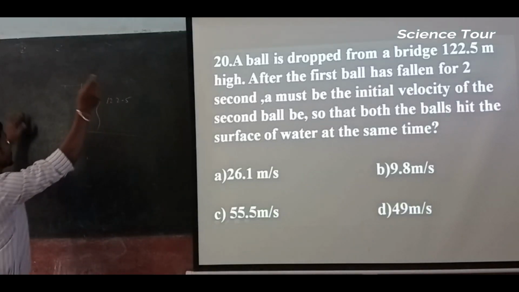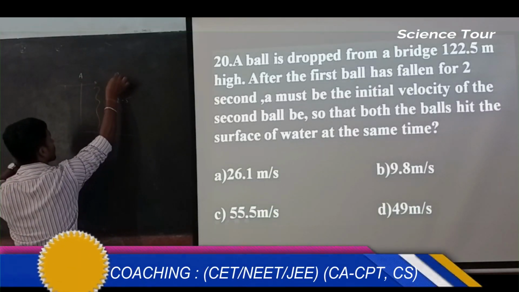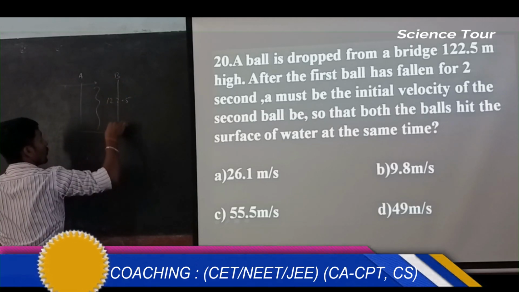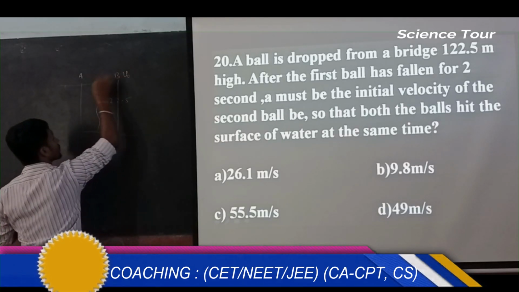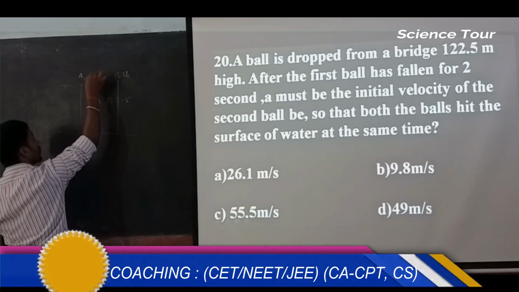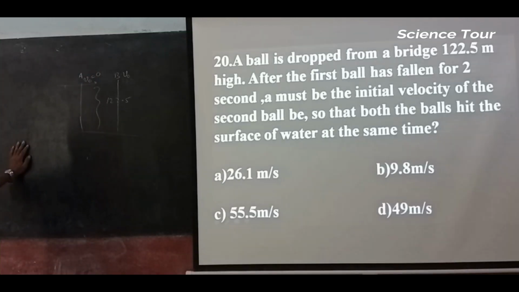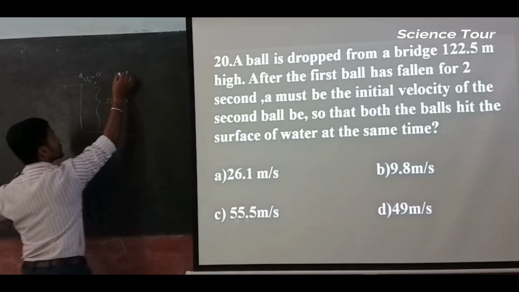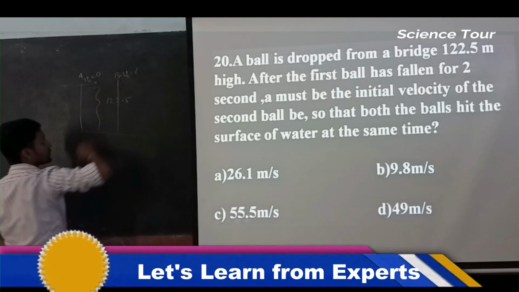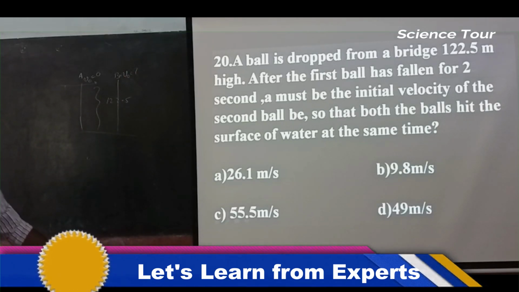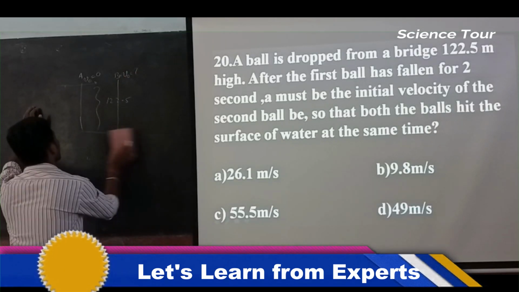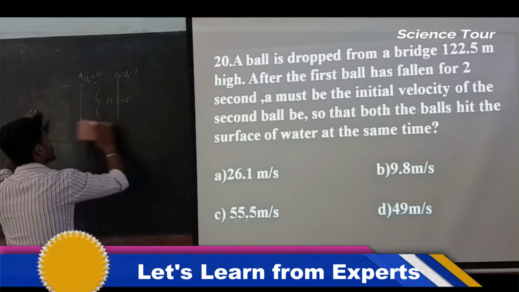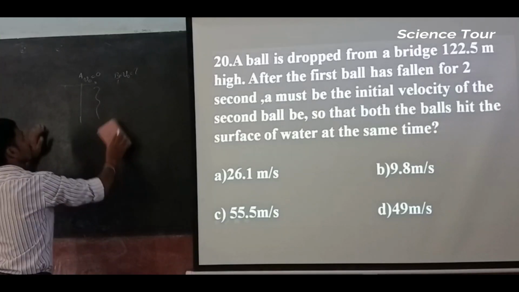So one ball is there, A, which is dropped, and another one is there, B, which is thrown, whose velocity we have to find out. First ball velocity is 0. Second ball velocity we have to find out. It is thrown after 2 seconds.